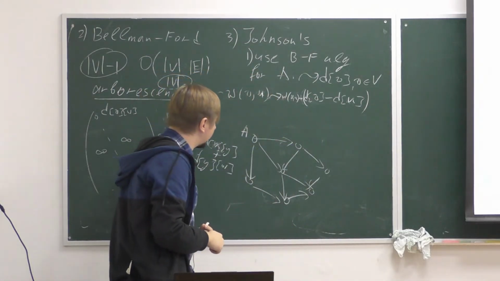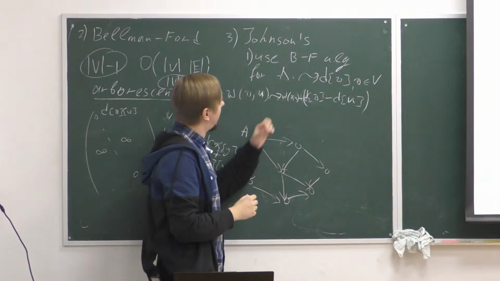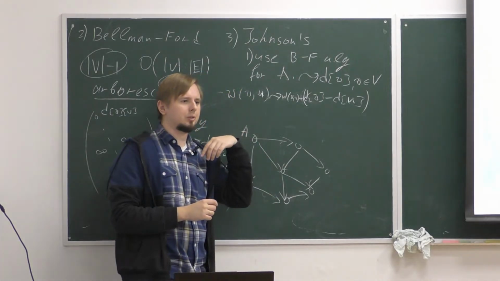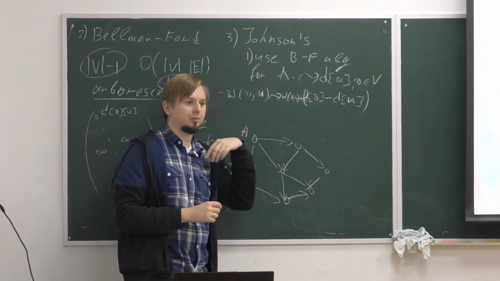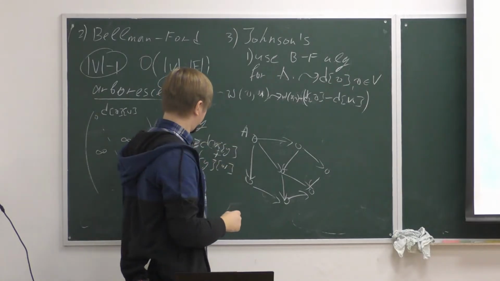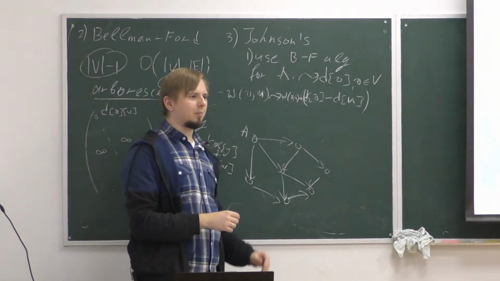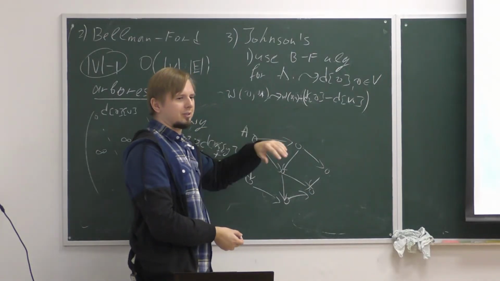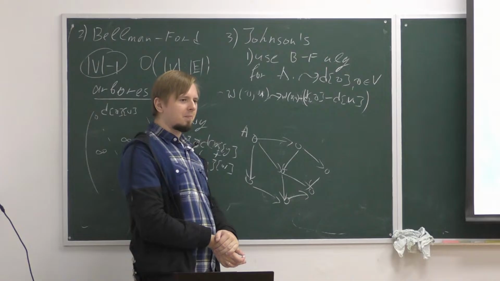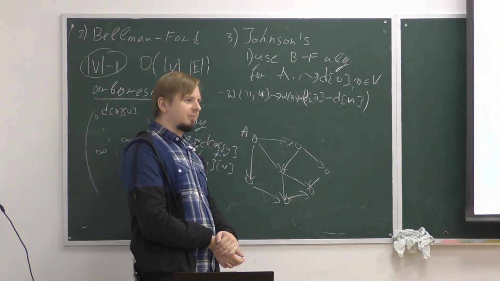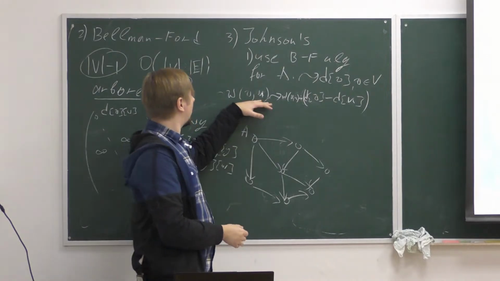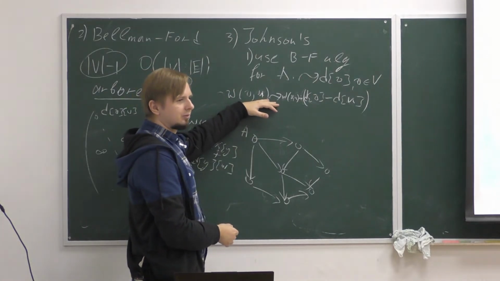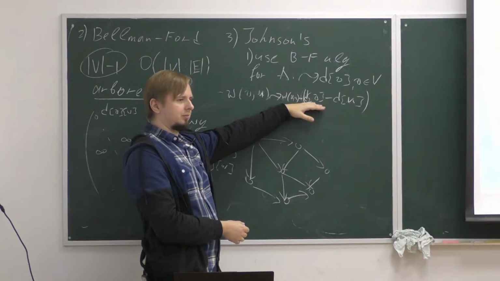We said what? By Bellman-Ford algorithm, we constructed a spanning tree, a spanning arborescence. What can we say about this arborescence after changing weights in this manner? We change all of the weights by this procedure.